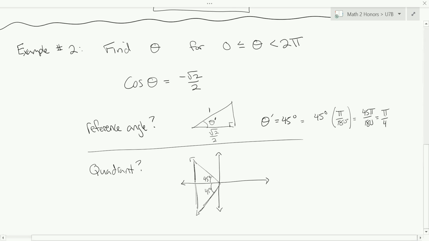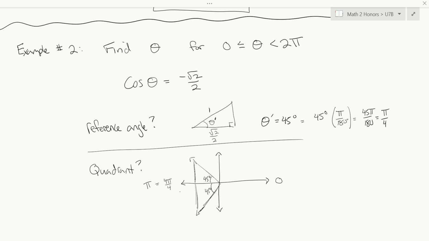So I know I'm going pi over 4, and here I'm going to work with radians. So here's 0, and this is pi. But because I'm working with pi over 4, I'm going to change it to 4 pi over 4. And this is a great location because it's right in between the two places I want. To get to those two locations, I need to go back pi over 4 and forwards pi over 4.